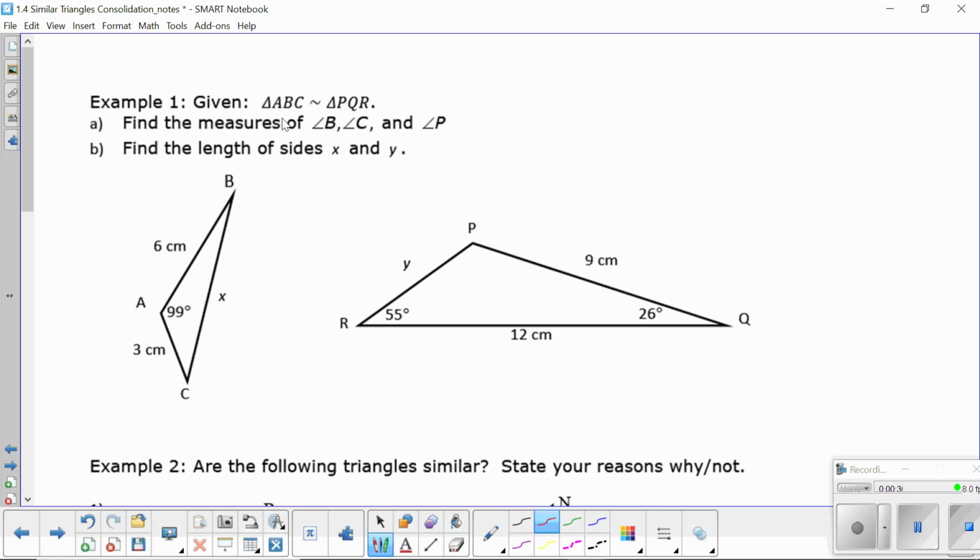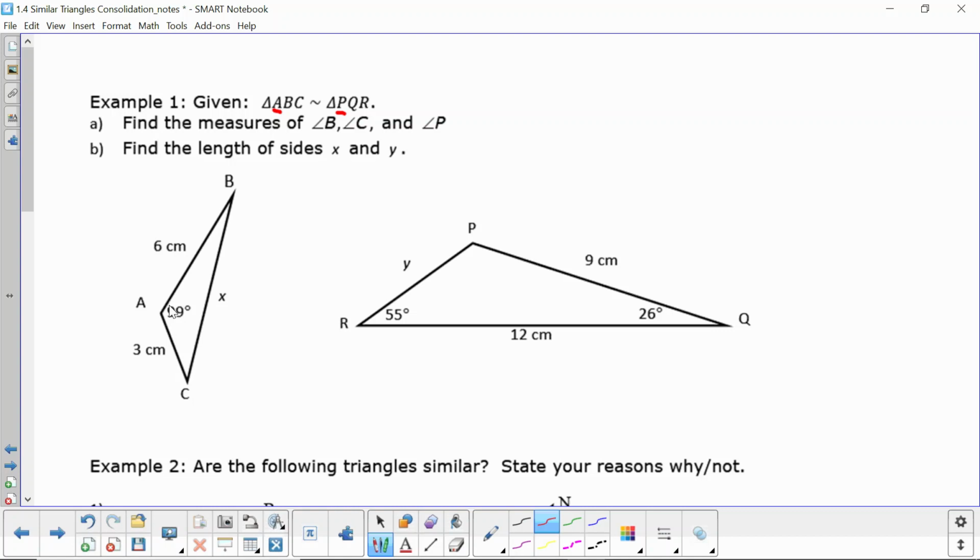In example 1, we have triangle ABC similar to triangle PQR. Remember, order matters. So based on the order, I want to label these two triangles.